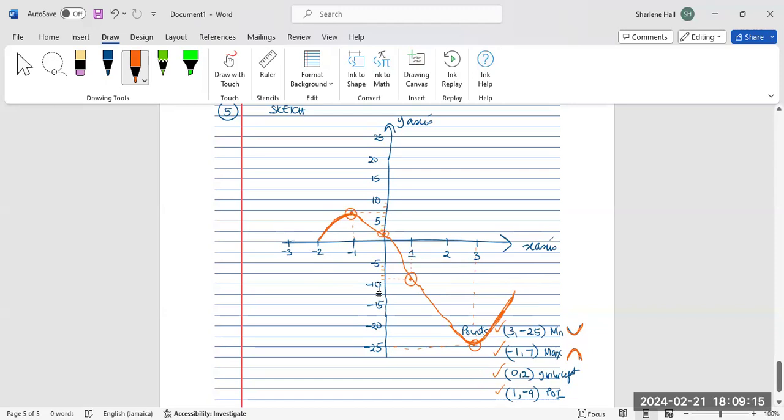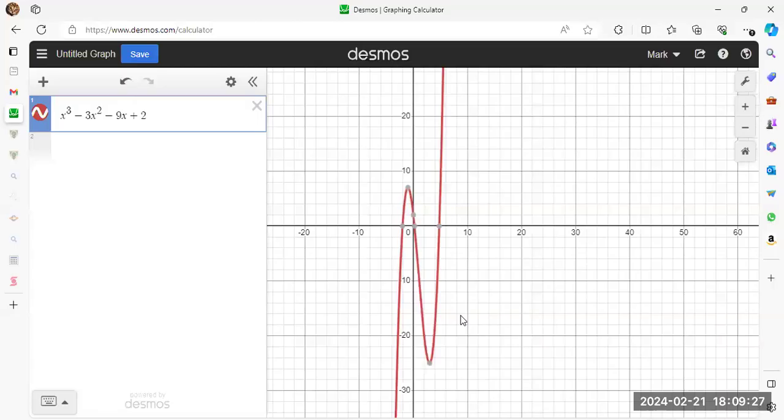So we would have gotten the basic shape of the graph, so we would have gotten the full marks for the question.